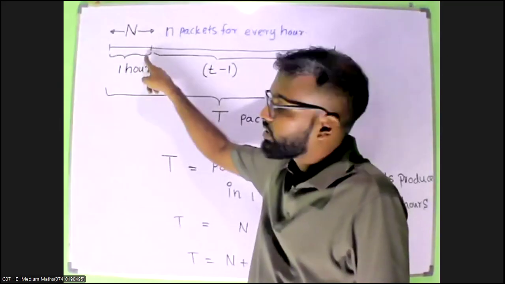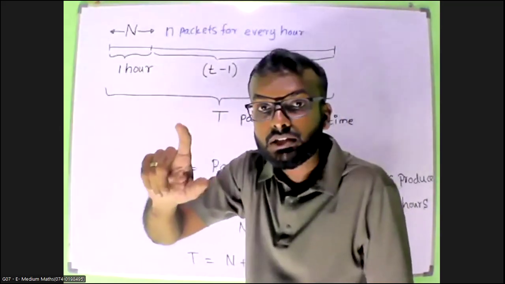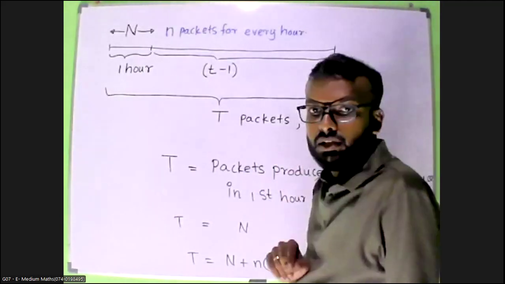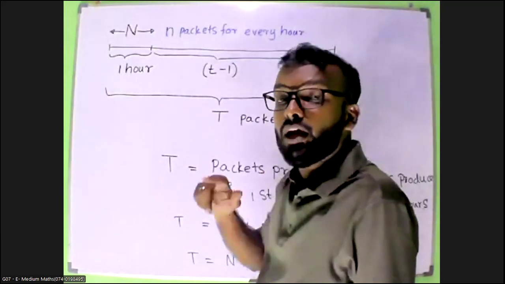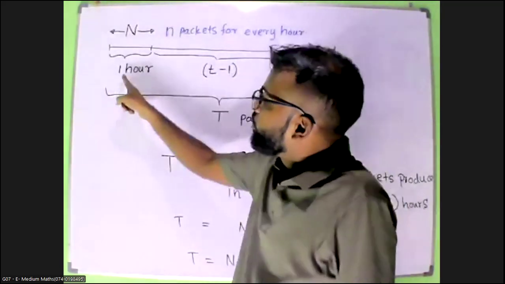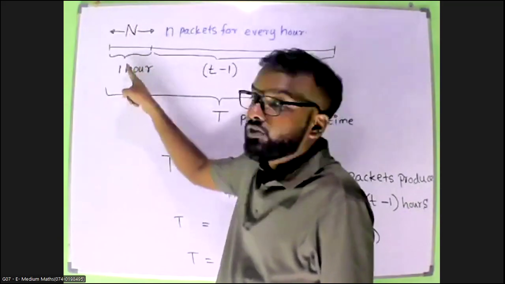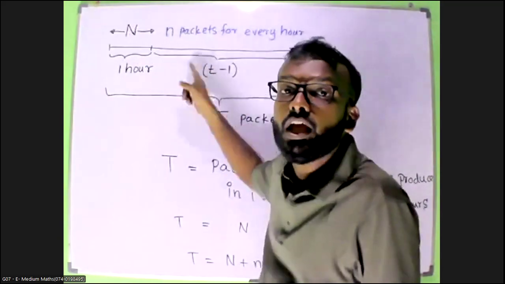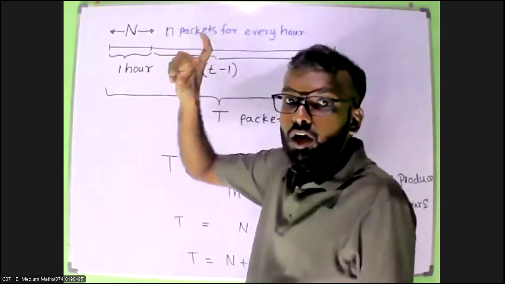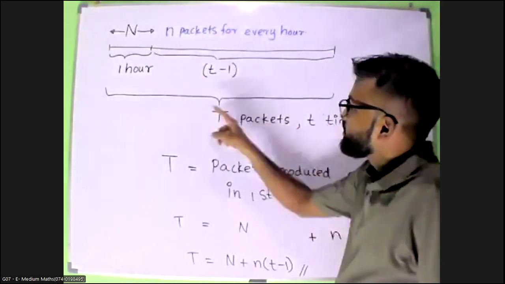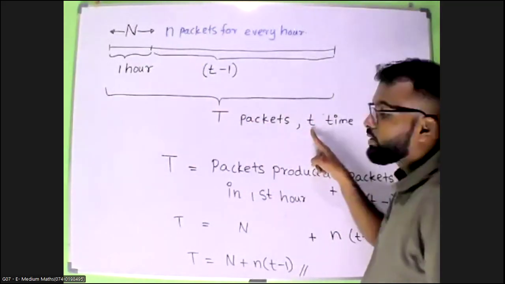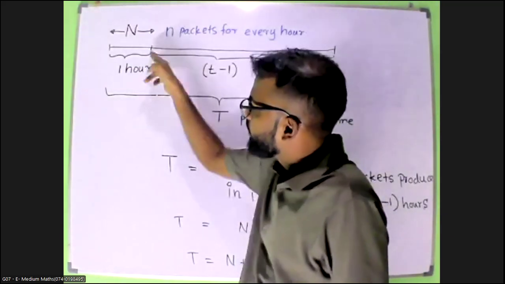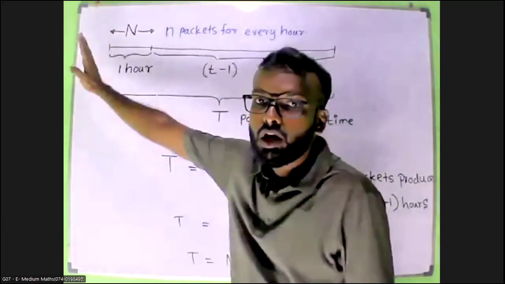This is the first hour, and they have given us the total time that they are working, simple T. So here they have used the first hour, already done with that. So we need to find the rest of the hours that we have. We are going to find total hours, simple T, and we have to remove our first hour from that part.